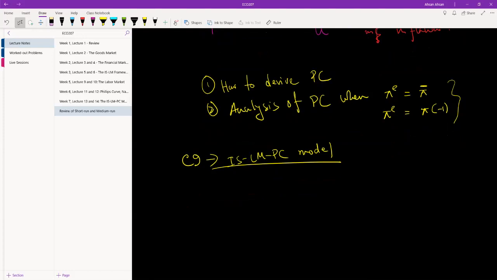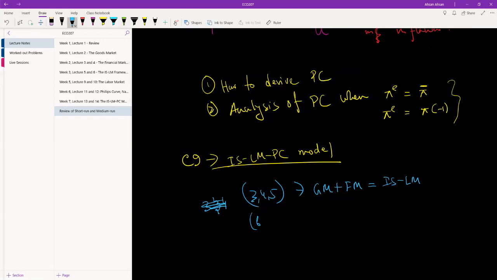In chapters 3, 4, and 5, we combined the goods market with the financial market to get the ISLM model.